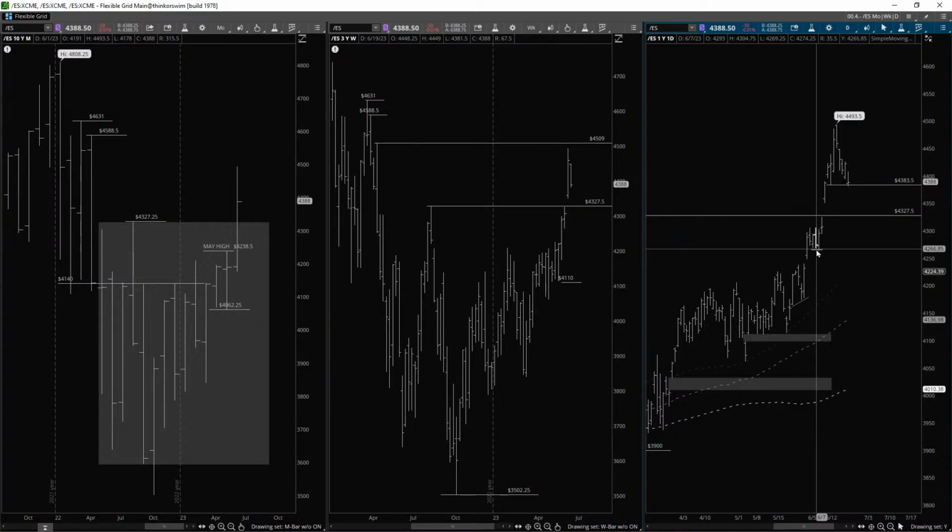We got these weak levels. If the market cannot take this low, for example, there's something else. A lot of things have to do not just with what happens in the market, but with what doesn't happen. What doesn't happen is sometimes more important, or at least as important, as what happens.